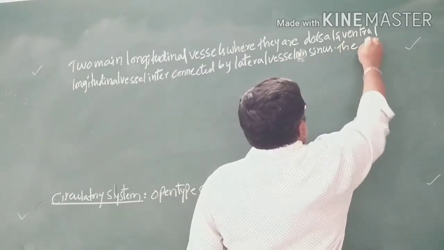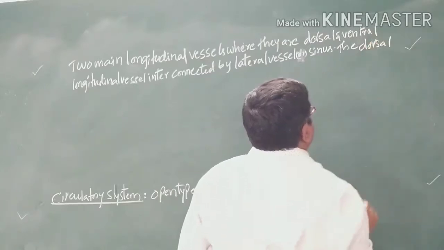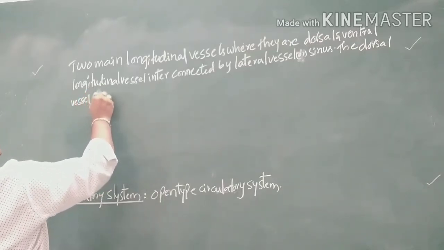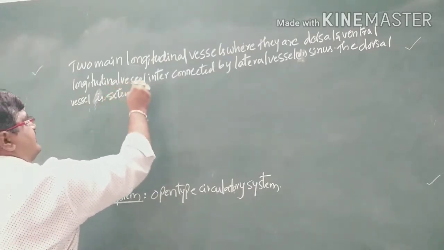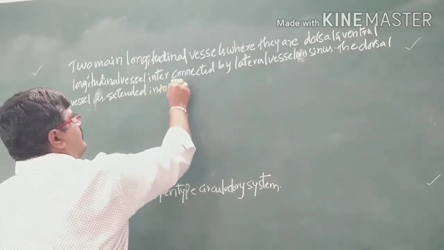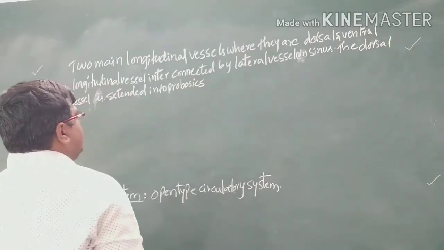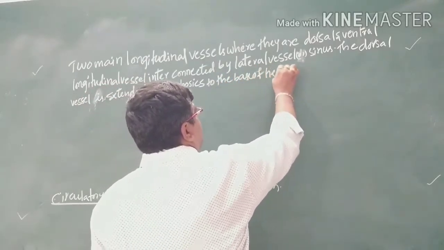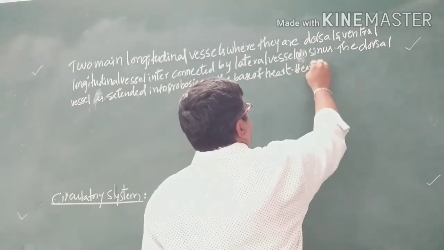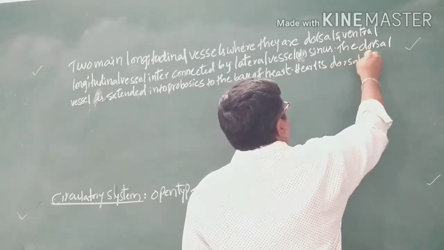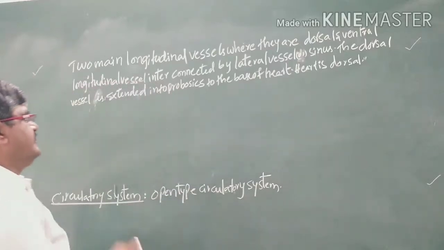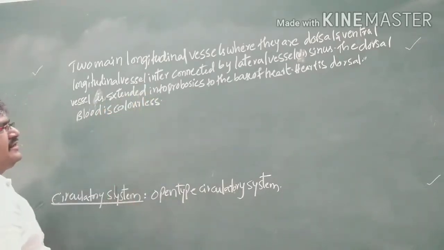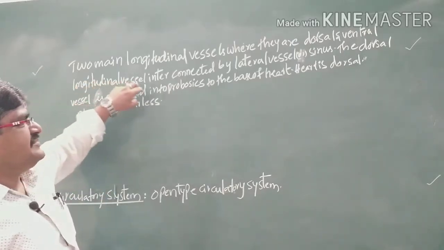The dorsal vessel is extended into the proboscis to form the base of the heart.